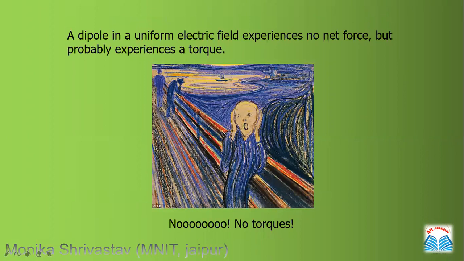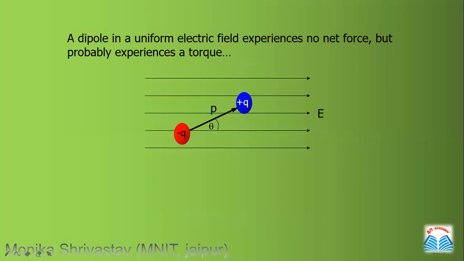Okay, so this is our electric dipole, and a dipole in a uniform electric field experiences no net force but a torque. What is a torque? Have you guys heard about the force in an electrostatic field? The force is like the Coulomb force we are considering, but the electric dipole is a system of two charges, and we know that an electric dipole has an infinitesimally small distance.